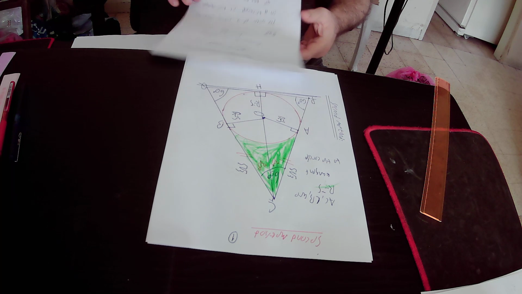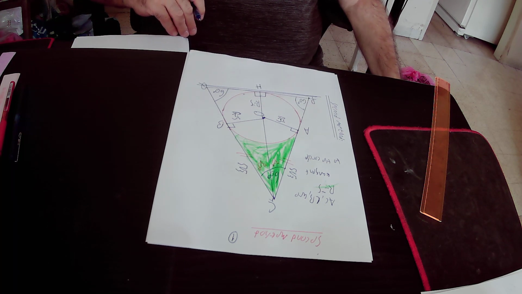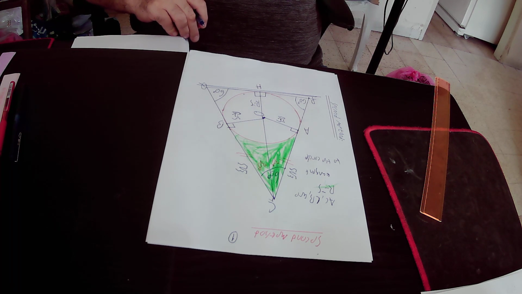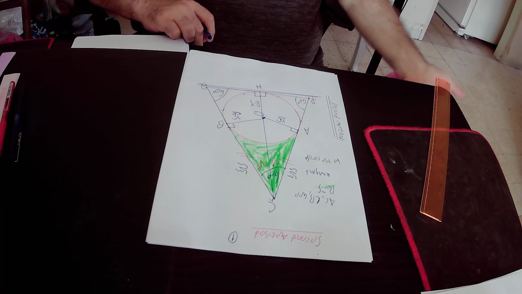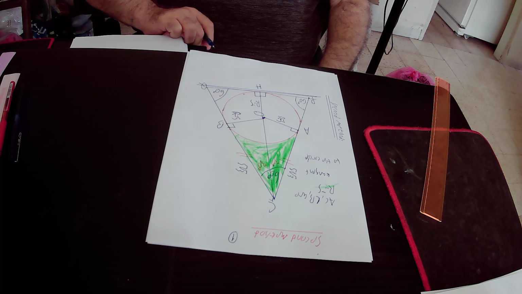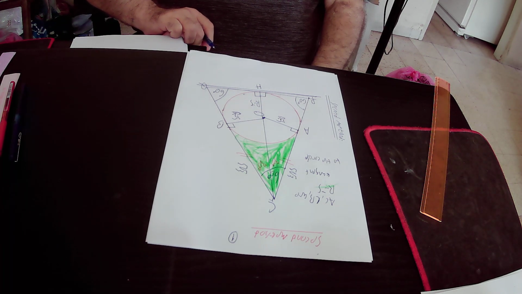So here we have an equilateral triangle, and inside the equilateral triangle CPQ we have a circle that is inscribed inside it. So according to the rule, the center of triangle CPQ is the same as the center of the circle that is inscribed inside the triangle.